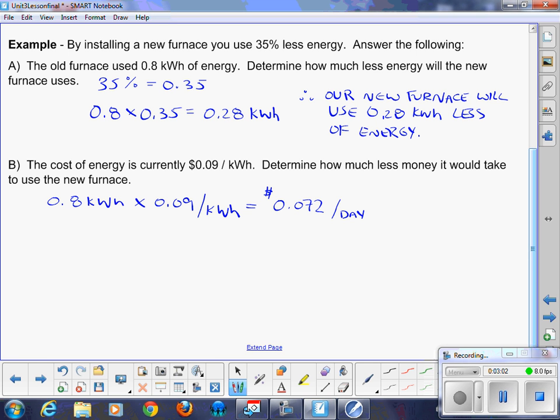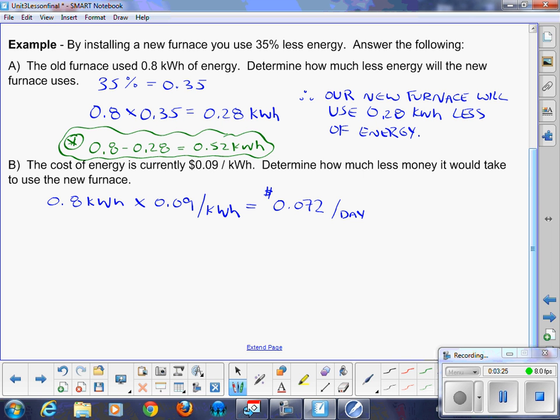Our new furnace is going to use, and maybe I'll add that to the note up here. So it used 0.8, now we're going to use 0.28 less. So when we do that calculation, it's now going to use 0.52 kilowatts per hour. All right, you can really do the calculation down below.